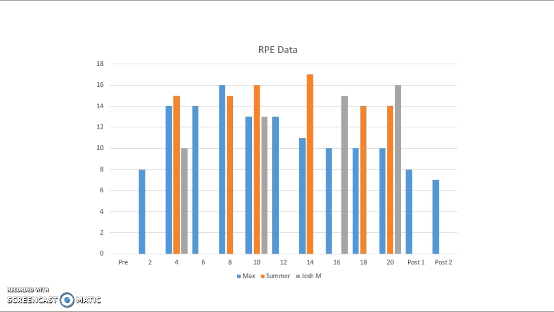From 4 to 12 minutes, Summer's rating went up by one or more, but after that only decreased. This shows that they weren't working as hard as they were at the start, and therefore not finding it as hard, which led to their ratings dropping. For Summer and Max, from 16 to 20 minutes, their ratings plateaued, which is normally what happens.